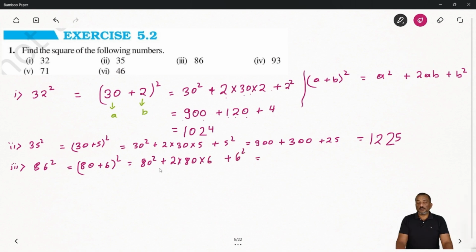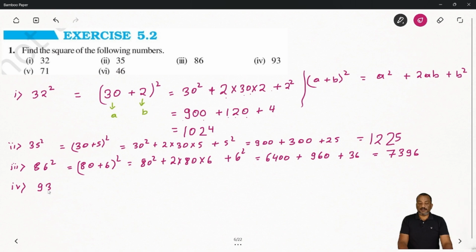So 80 square you will get 6400, and plus 2 times 80, you will get 160, and 160 times 6, you will get 960. So 960 plus 36. Now after that you can add all this. So 6400 plus 960 plus 36. So you will get here 7,396.